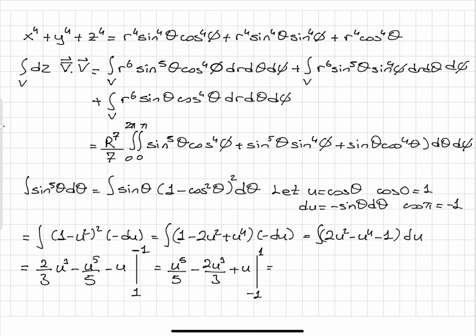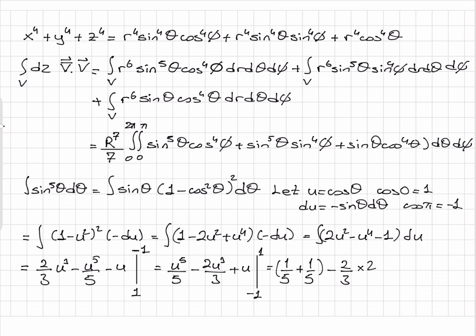And this is equal to, if I substitute 1 here, 1 over 5. And for minus 1, I will have minus 1 over 5, but minus minus will become plus. So the first term is 1 over 5 plus 1 over 5. And then I have minus 2 over 3. So u cube will give me 1 minus minus 1, which will become plus, so this will be minus 2 over 3 times 2.